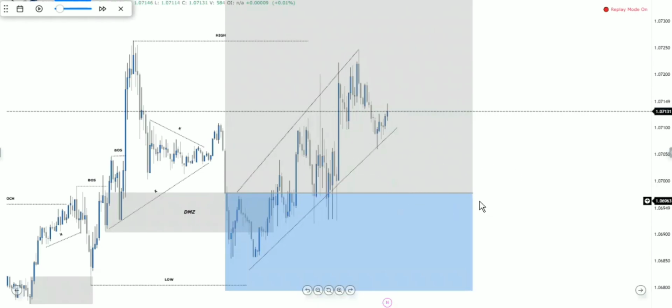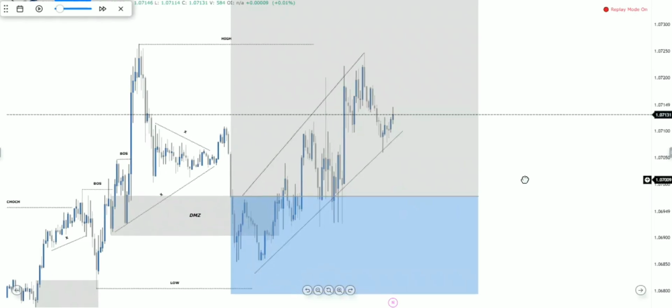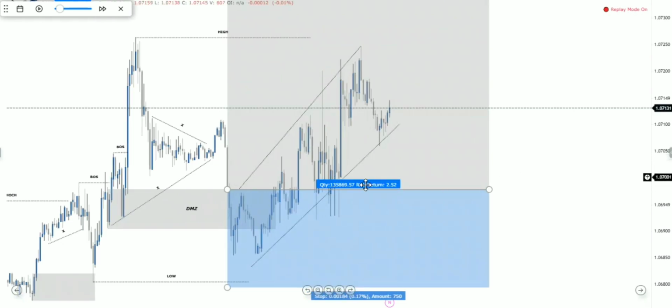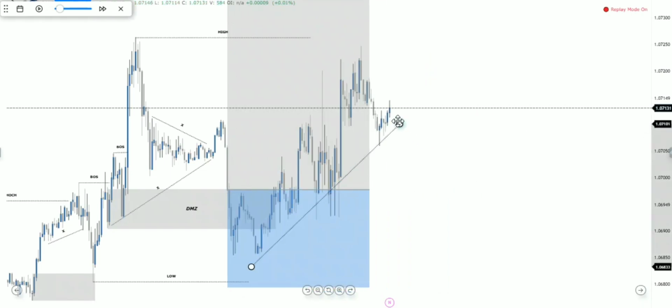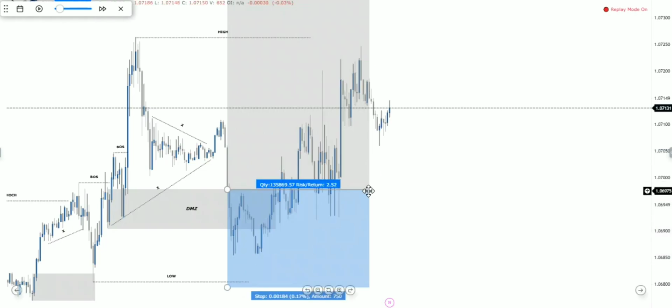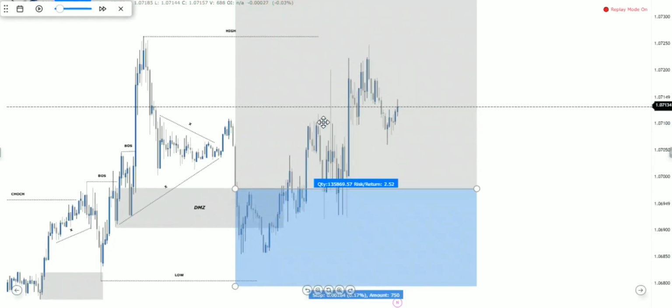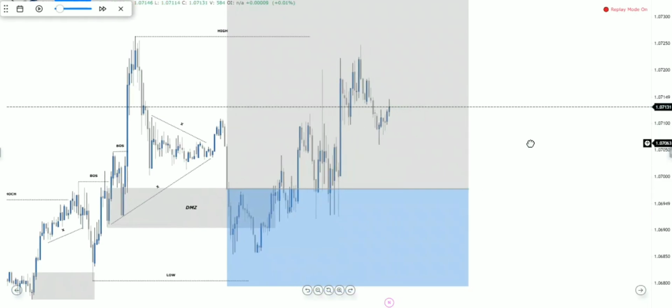I encourage you to take a look at all the time frames when you are looking for a setup, just so you can identify liquidity on all time frames and what price looks like on all time frames. So like I said, this is liquidity on a higher time frame, so don't be fooled by the move. This is liquidity on a higher time frame.